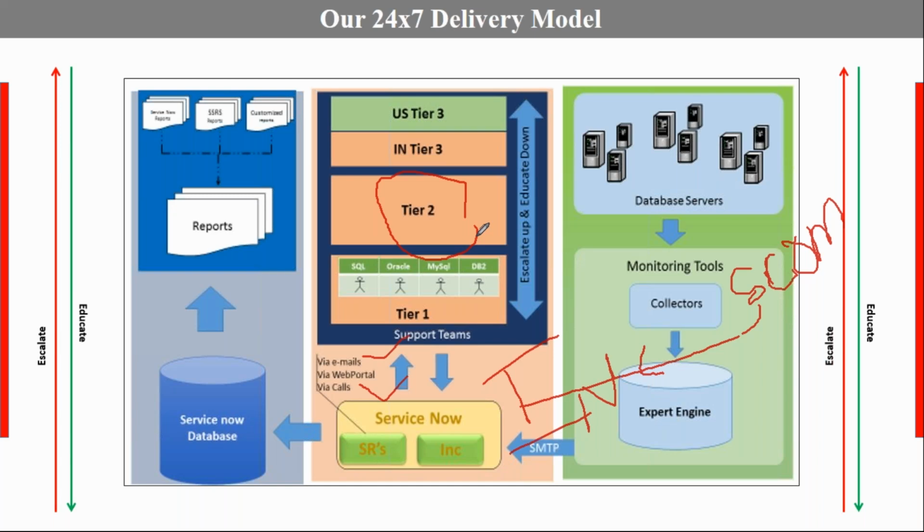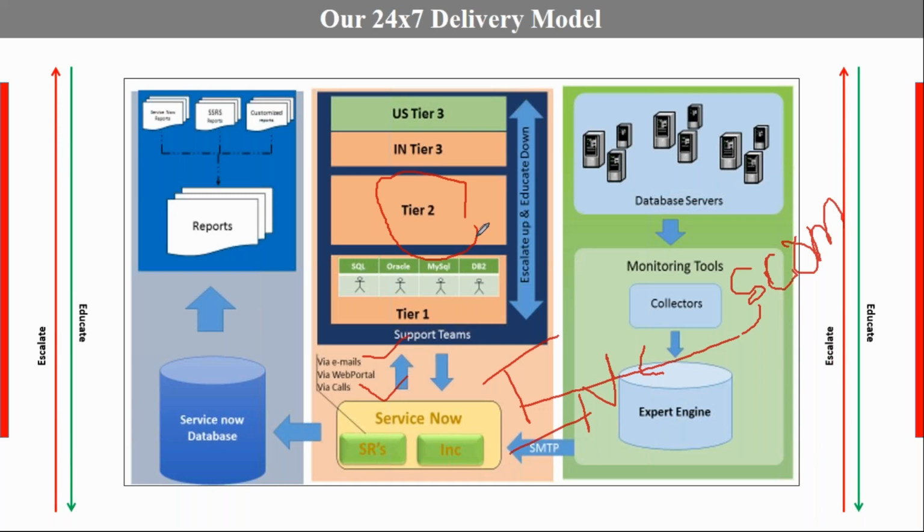It is a critical ticket, the application went down, and you started investigating. We have some time, and you need to fix it within that time. If you are unable to fix the issue, you will escalate to the L3 DBA. L2 DBAs escalate to L3 DBAs, and L1 DBAs escalate to L2 DBAs.